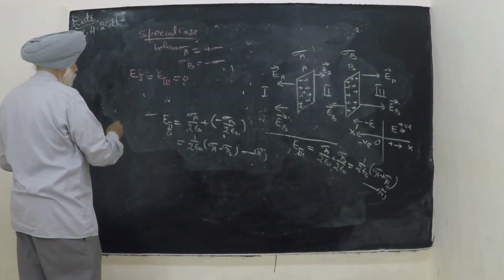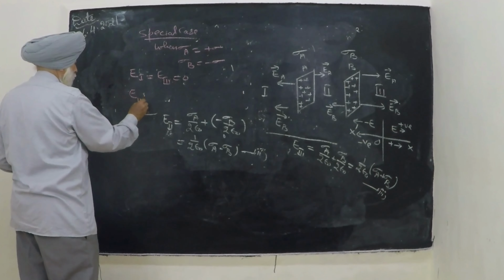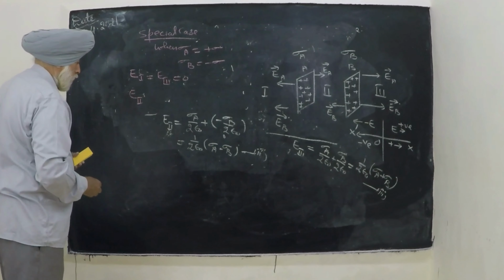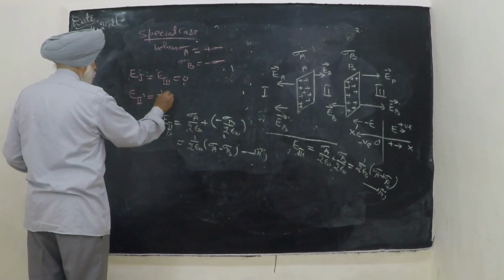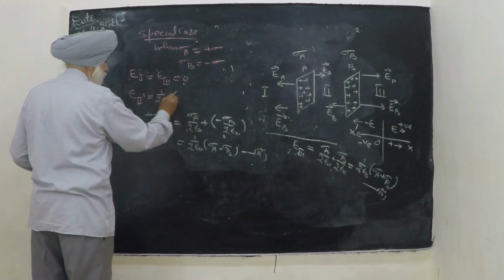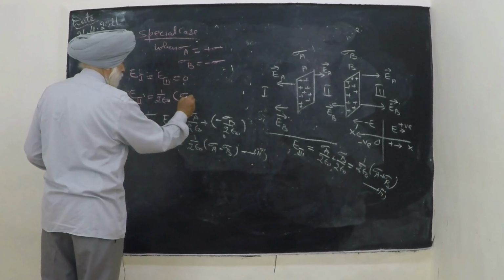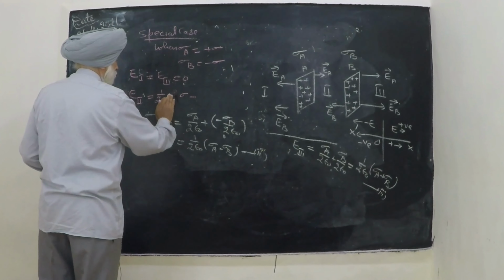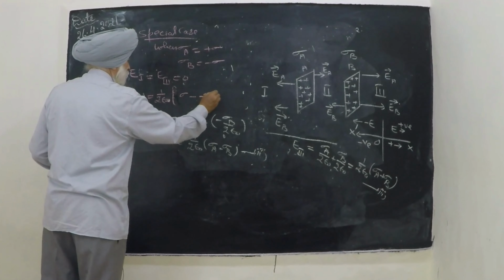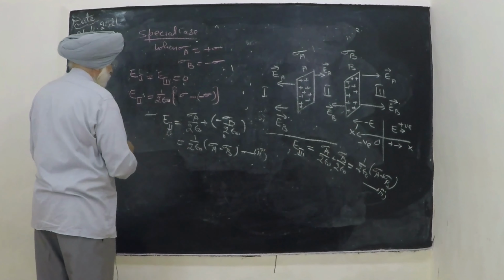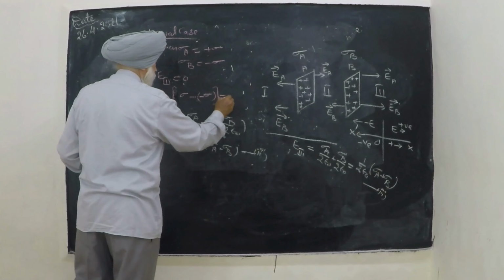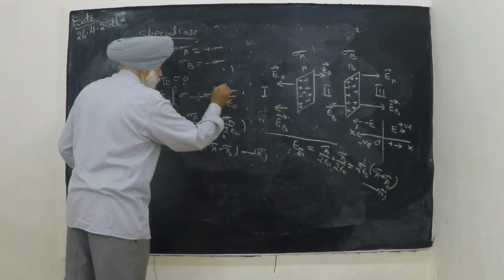Only in region 2 does the electric field exist, which will be 1 over 2 epsilon naught (sigma minus minus sigma), it is equal to positive sigma, and the result will be 2 sigma over 2 epsilon naught, that is sigma over epsilon naught.